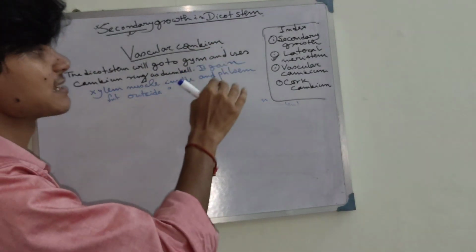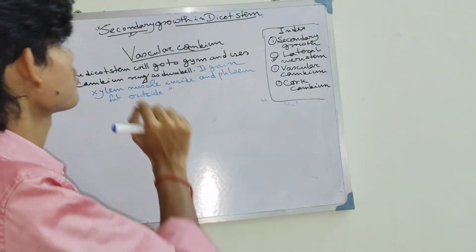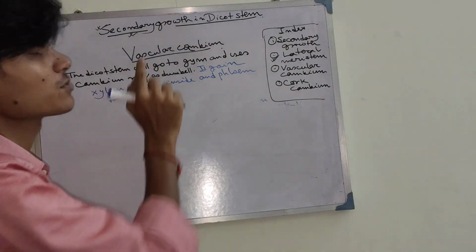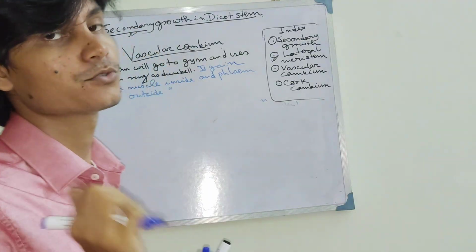If you remember this line, all the things about the secondary growth from vascular cambium will be clear to you.